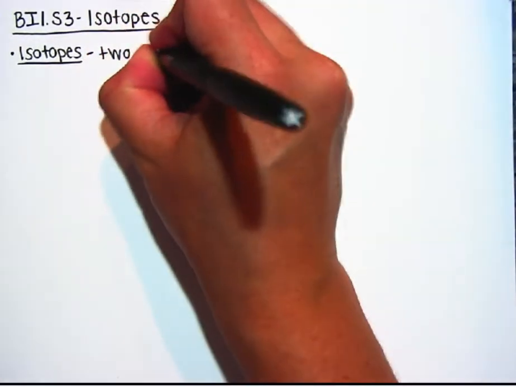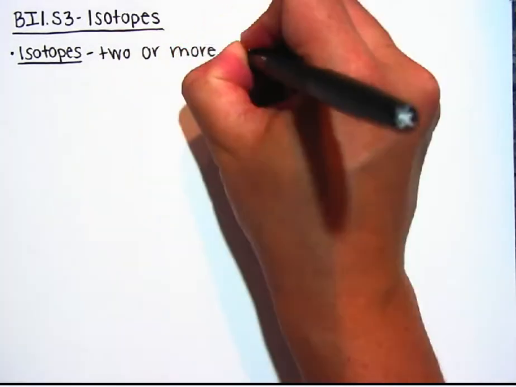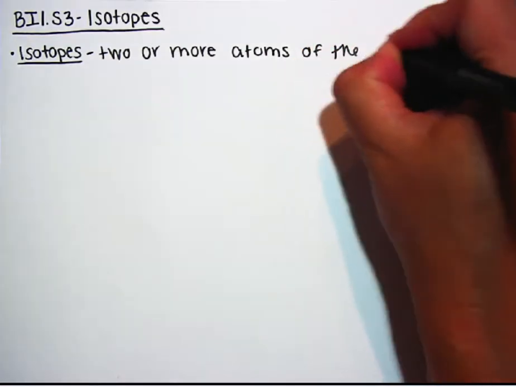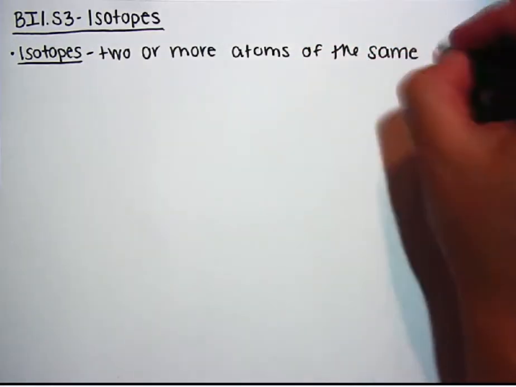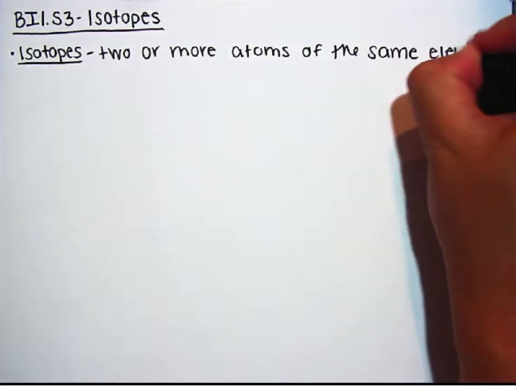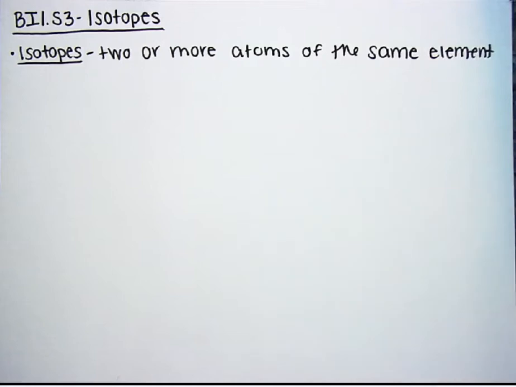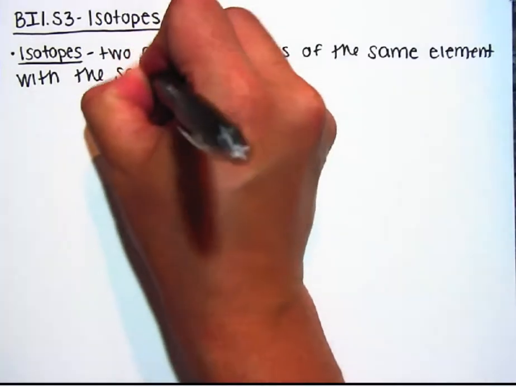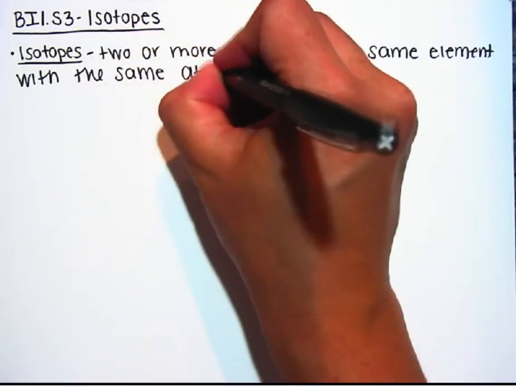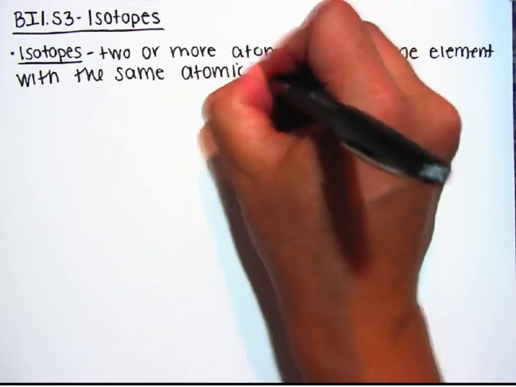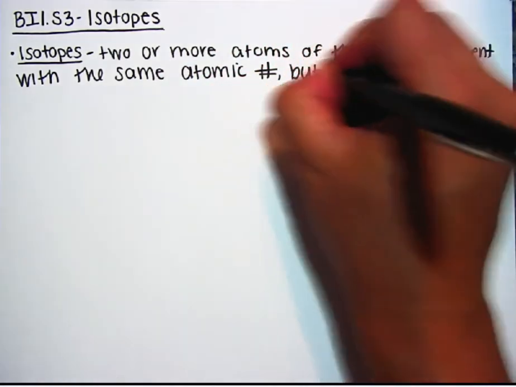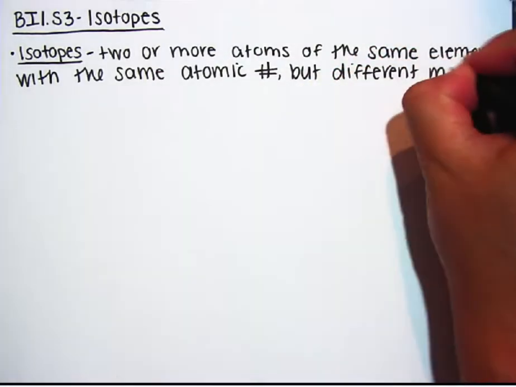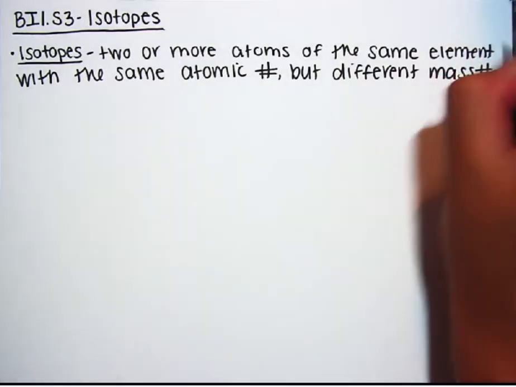Isotopes are two or more atoms of the same element with the same atomic number, but different mass numbers.